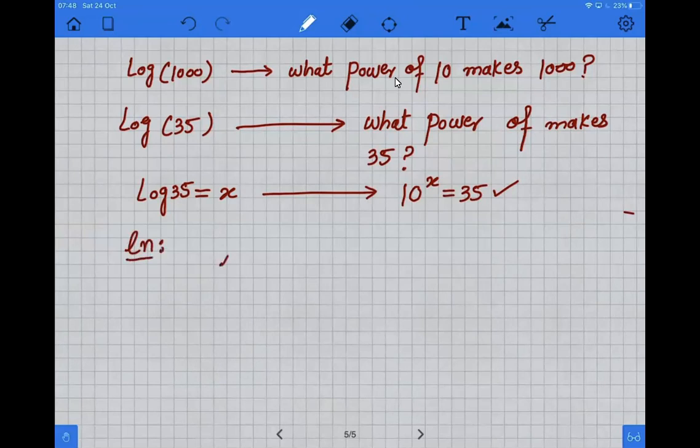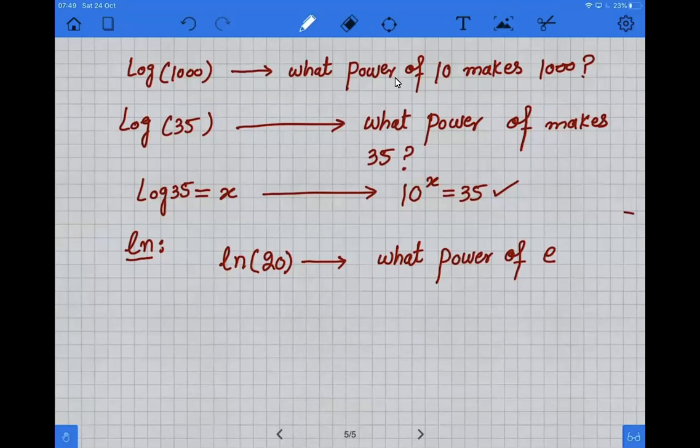So if we take natural log of, for example, 20, it means that what power of e, what is e? E is a button on calculator for physics students.